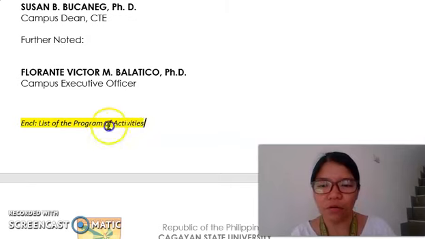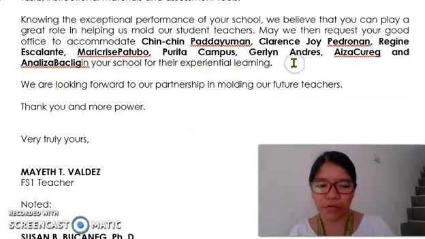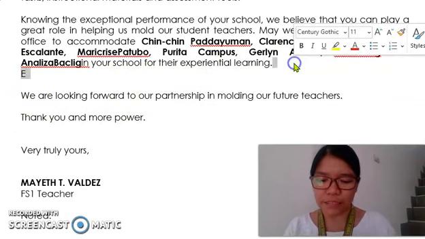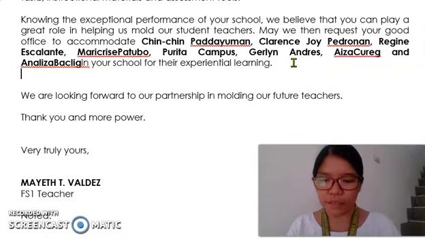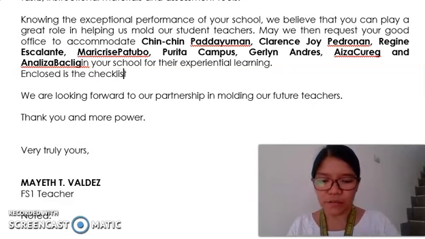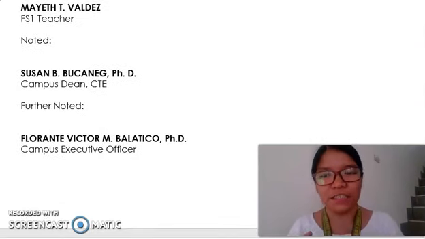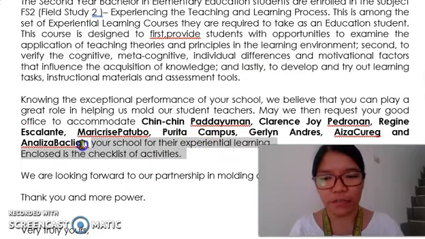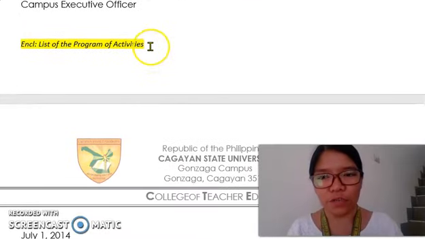If you don't use this, you can just put it in the body, for example, by adding a paragraph saying enclosed is the checklist of activities, or as we sometimes say, attached is the checklist of activities. But since we did not put that kind of statement in the body, we have used the enclosure notation, list of program activities.